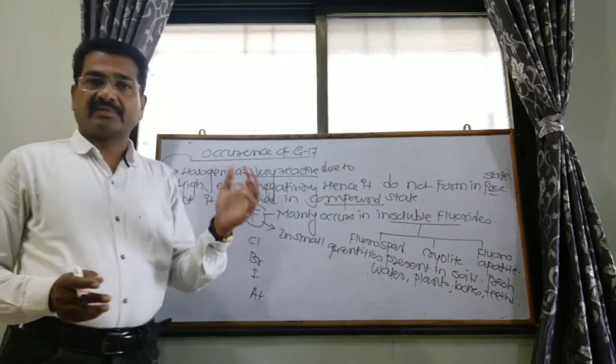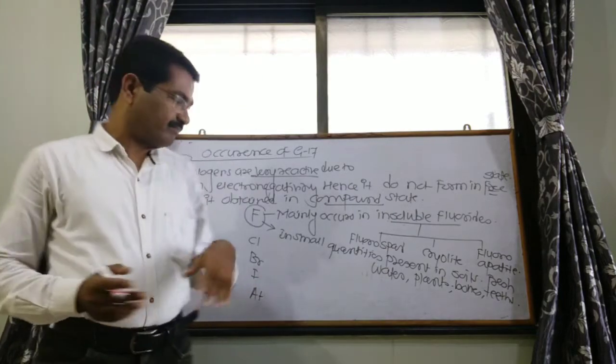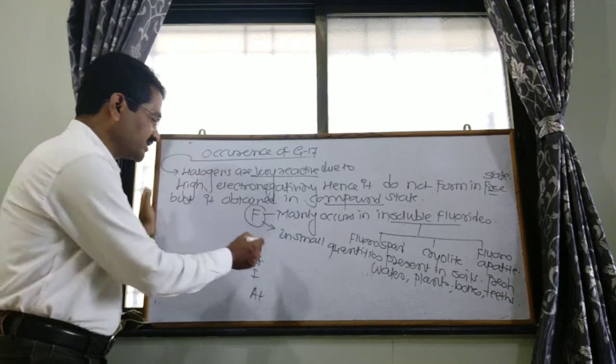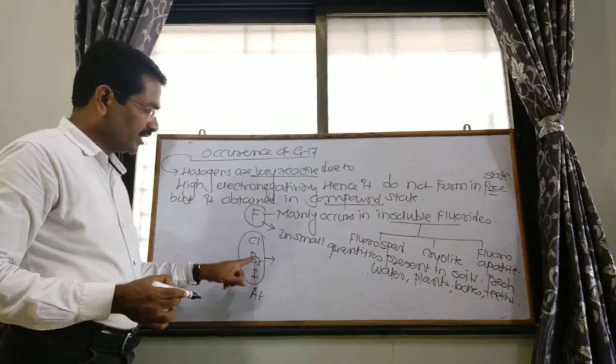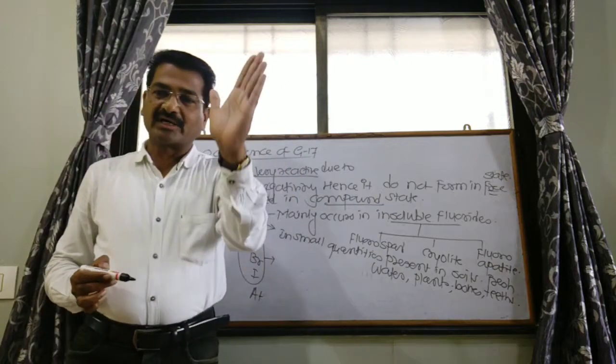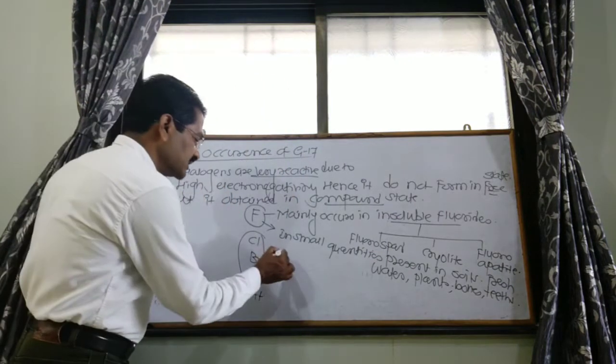Then see the next: seawater contains chlorides, bromides, iodides. Chlorine, bromine, iodine can occur in seawater.